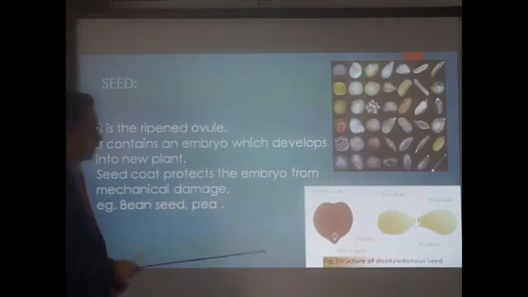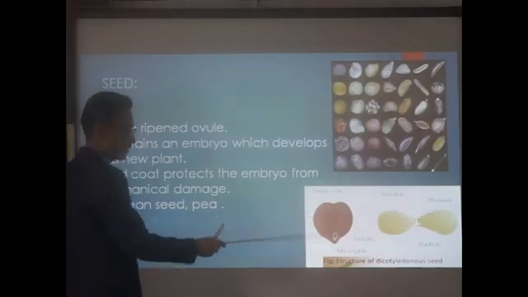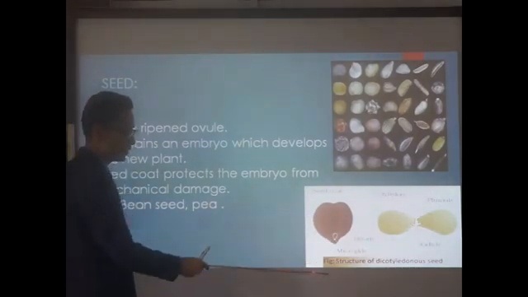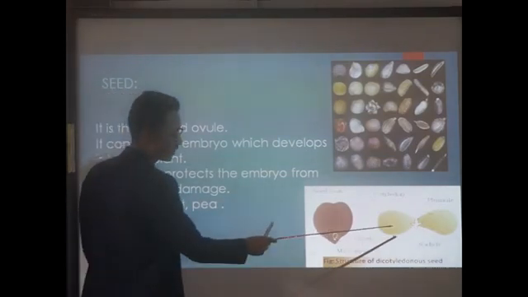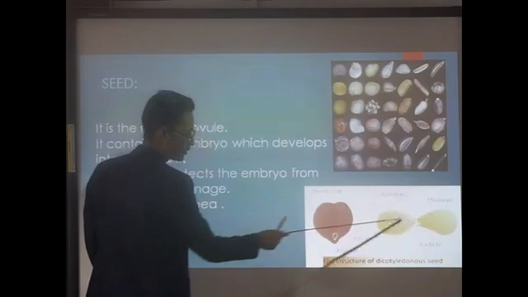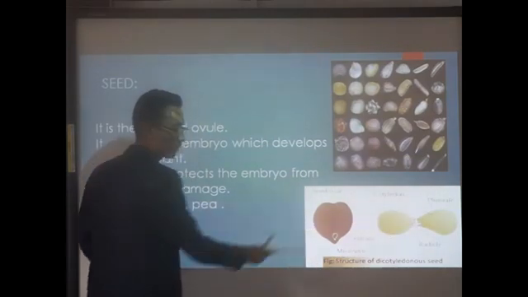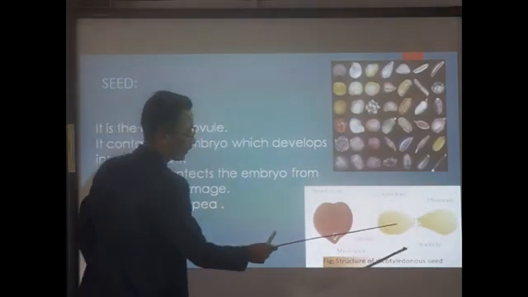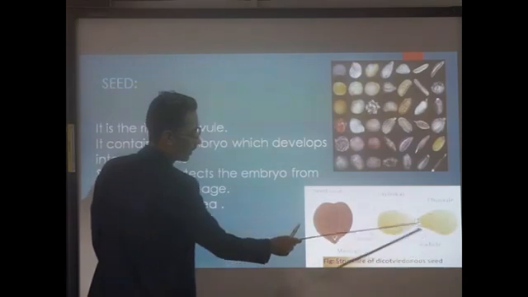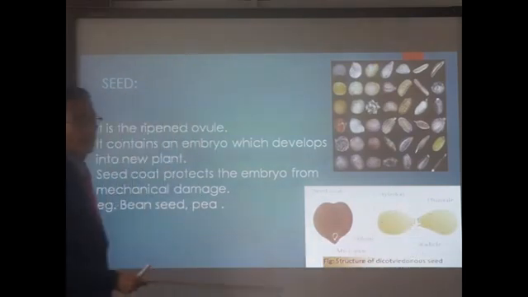If you look over here at the structure of a typical seed, you will find the micropyle over here. So the seed will germinate, okay? And after germination, you will find the cotyledons. There are two cotyledons, you will see it afterwards. Then you will find these structures coming out, the radicle and the plumule, P-L-U-M-U-L-E.